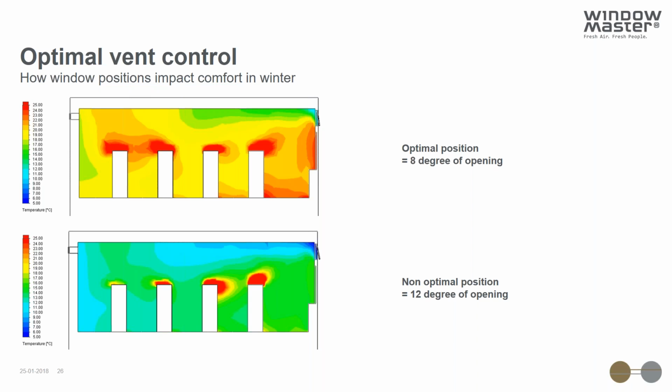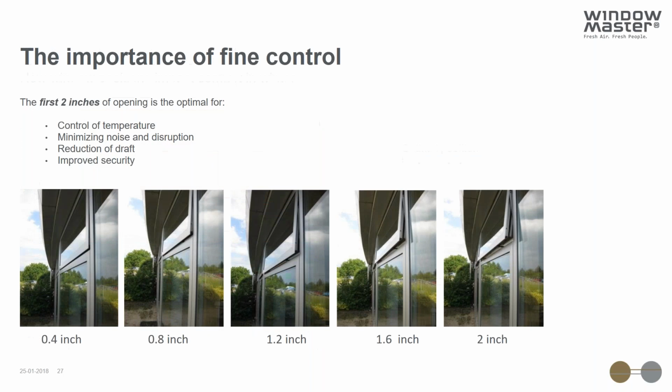And this is where the control of the window actuators is really important. Mainly to control the temperature in the rooms, but it can also be a way to minimize noise problems and improve security if you're using the window for night ventilation, for example.